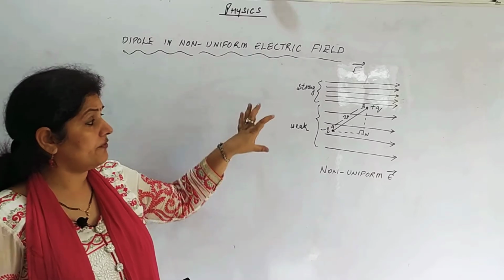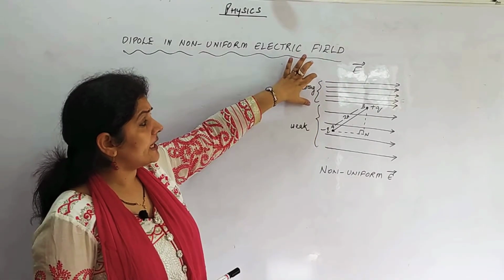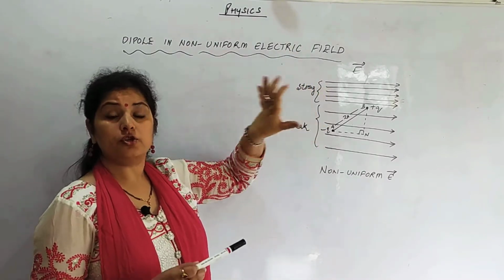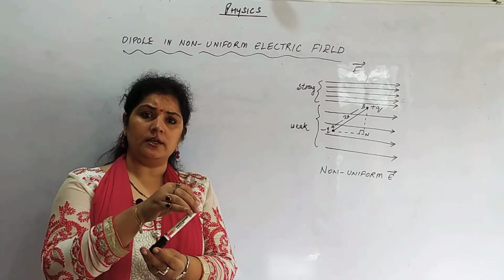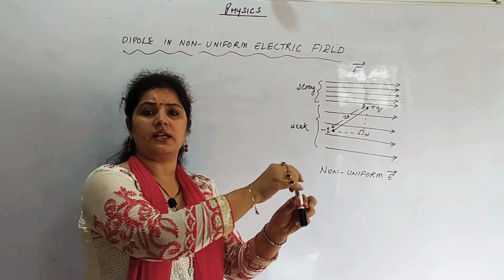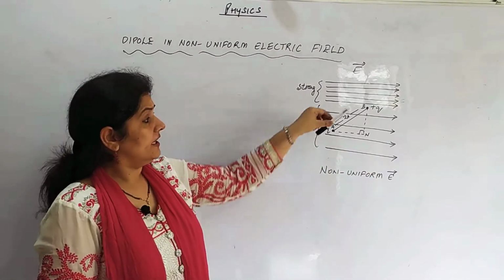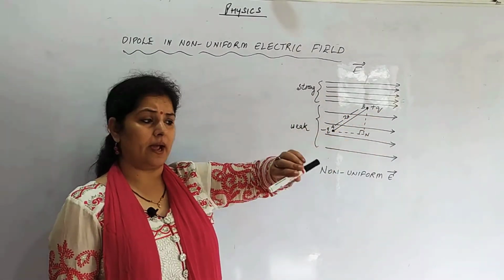But today we have kept the dipole in a non-uniform electric field. The force on this side will be stronger as compared to the force on this side. So what will happen due to this? The dipole will turn as well as there will be translational motion also. It will turn because it has equal and opposite forces on both sides, minus q and plus q.